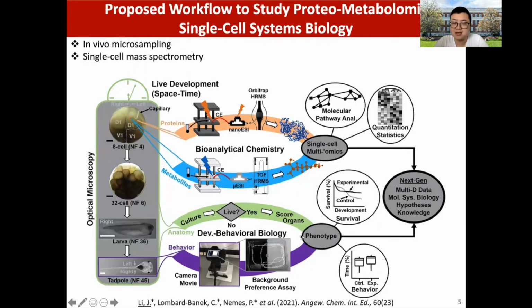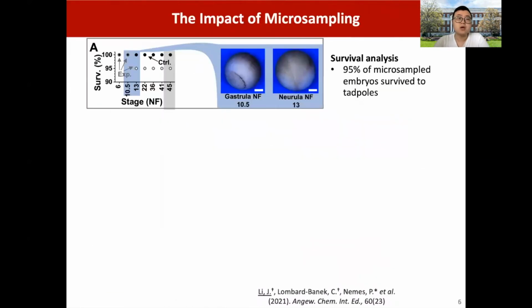This assay allows us to get the phenotype information. With the combination of the phenotype information and the multi-omics result, we are able to get multi-dimensional data. This will allow us to do the molecular systems biology. We are able to generate hypotheses for new biological questions.